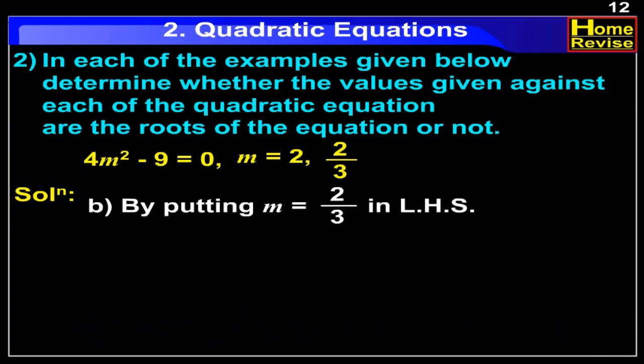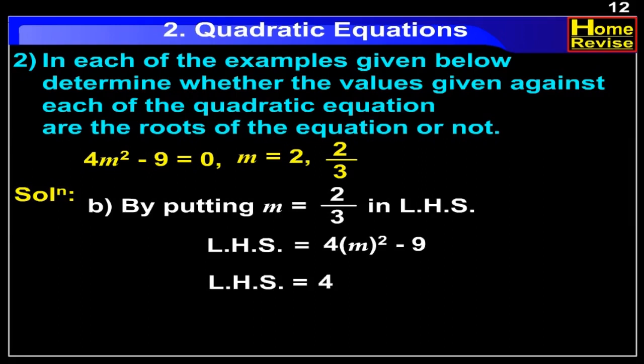Now, by putting m is equal to 2 upon 3 in LHS, we have LHS is equal to 4 into 2 upon 3 whole square minus 9.